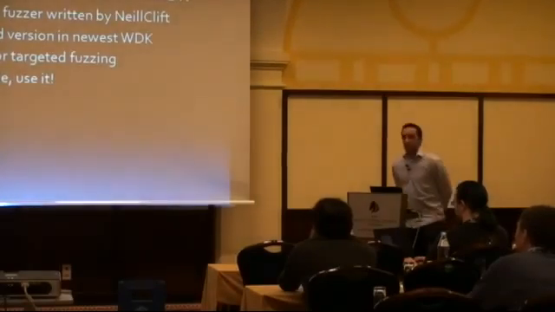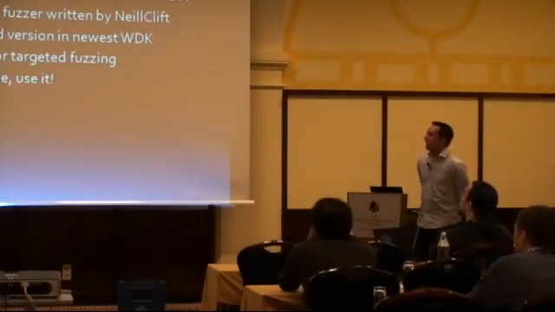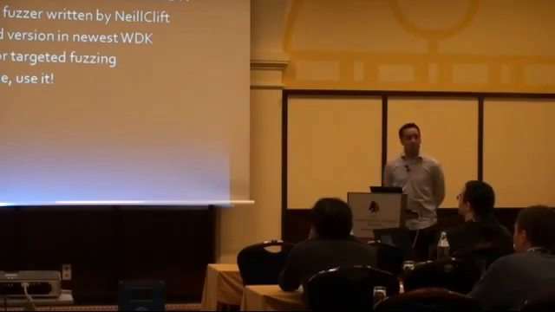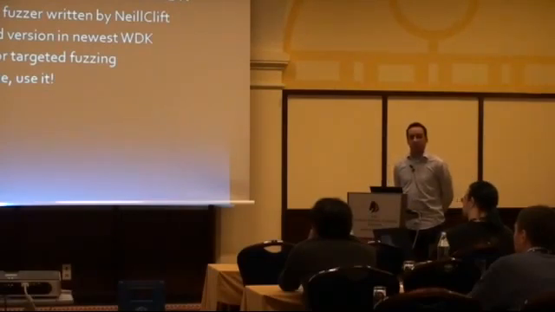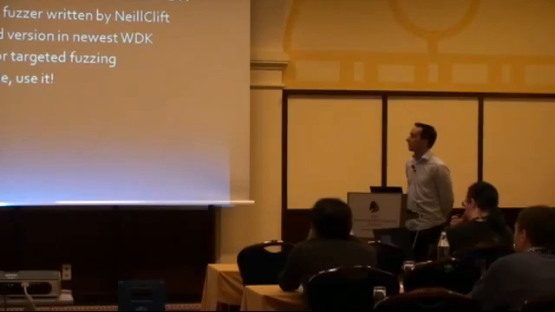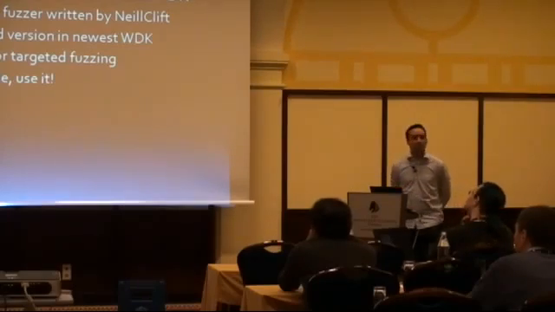So this is the part where I'm going to outline several free tools that are out there, mainly developed by Microsoft. First of all, DevCTL is an IOCTL fuzzer that is included in the WDK. WDK is kind of an SDK for developing in kernel mode.